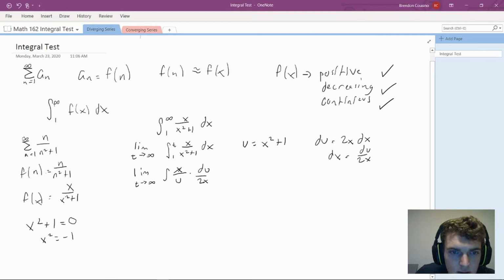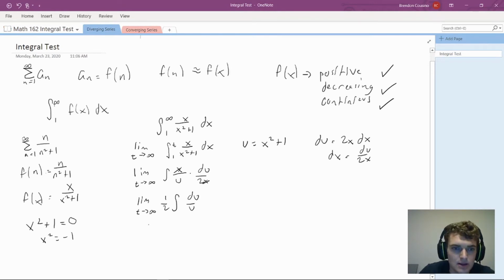Okay, so we're going to cancel out the x's, and I can pull this 2 that's in the denominator out as a 1/2. So this is going to be the limit as t approaches infinity of 1/2 times the integral of du over u.